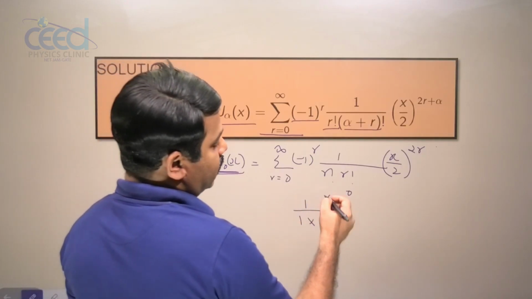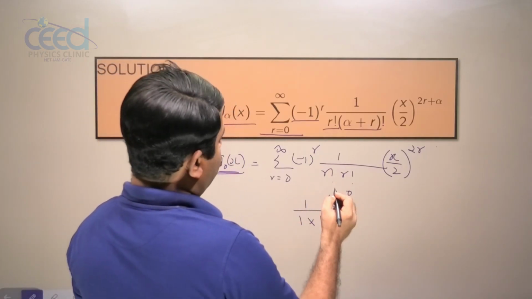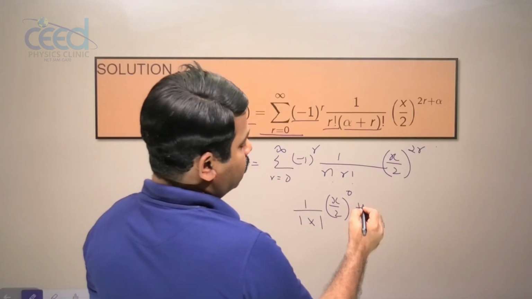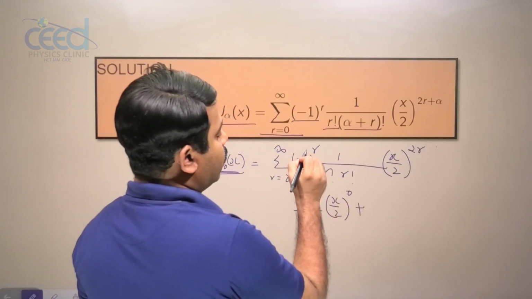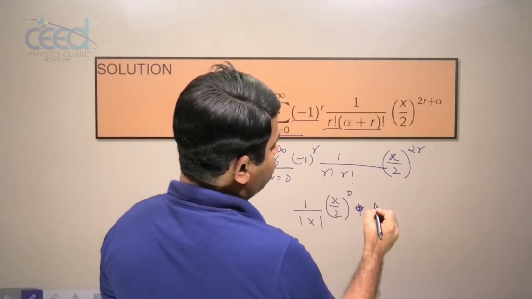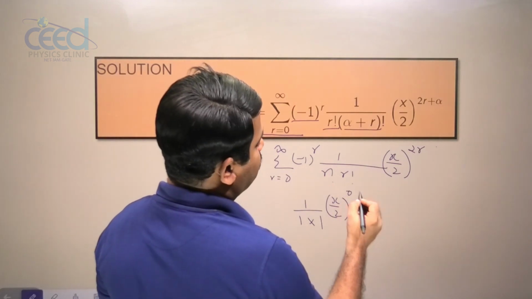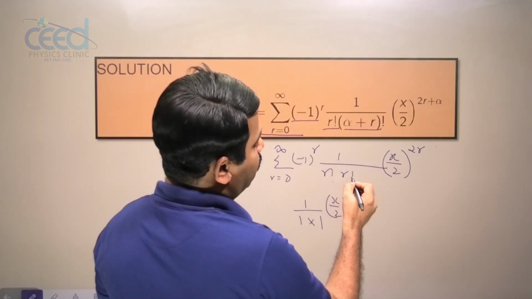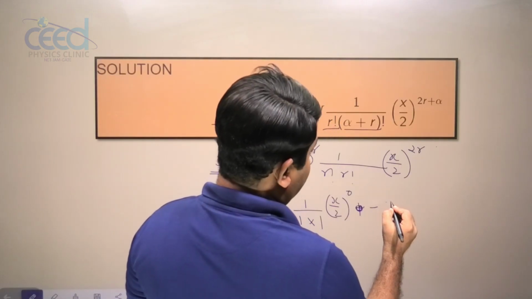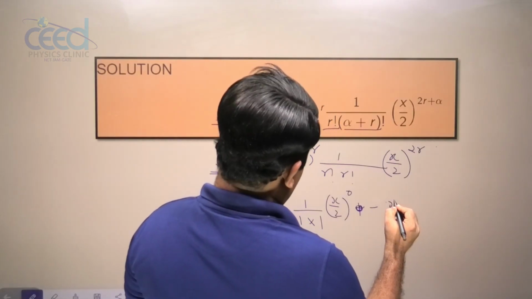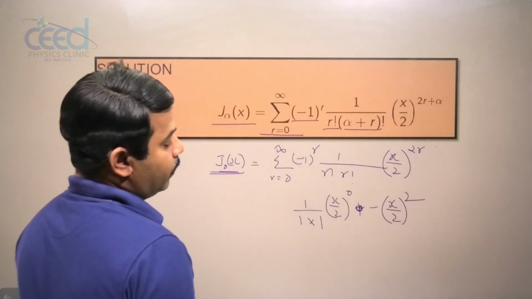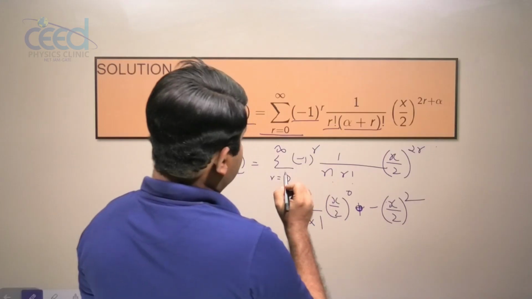Now put r equal to 1. Then we get minus 1 raised to 1, that is minus, and 1 factorial is 1, then (x by 2) the whole square.